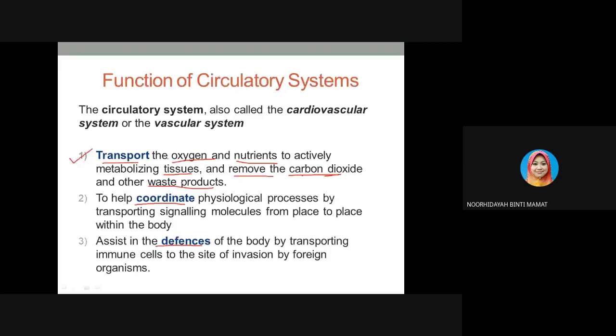And the second function is to help coordinate the physiological processes by transporting the signaling molecules from place to place within the body. And the third function is to assist in the defenses of the body by transporting the immune cells to the sites of invasion by the foreign organisms.